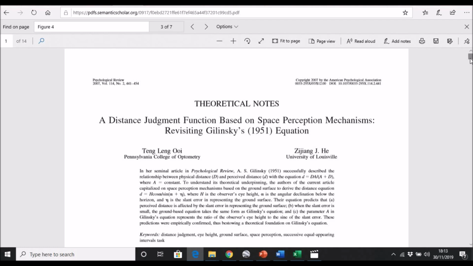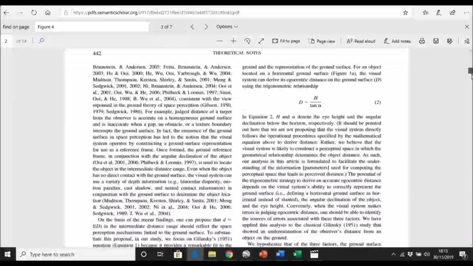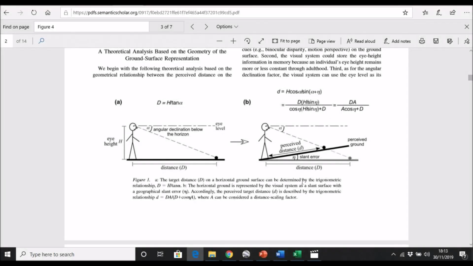And they're only interested in the human perception of distance in that situation. Now, there is a diagram in here which is referring to the perceived ground from the side and the perceived distance, and using this to explain why the perceived distance is shorter than the real distance to an object.